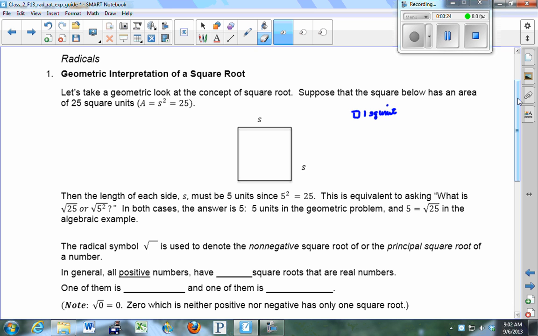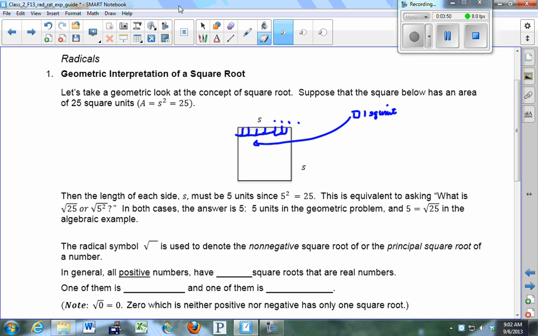Yep, Brendan? Right, that I could fit 25 of these little squares in here, okay? So there would be 25 square units. It's a 2-dimensional measure, area, and it's always measured in square units.